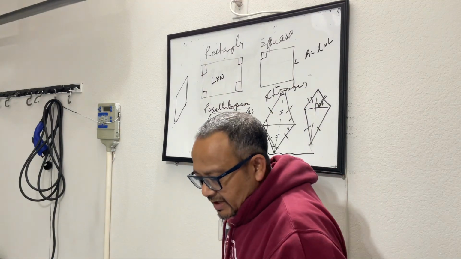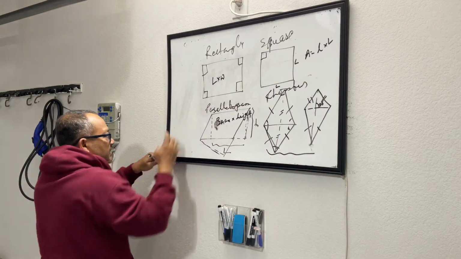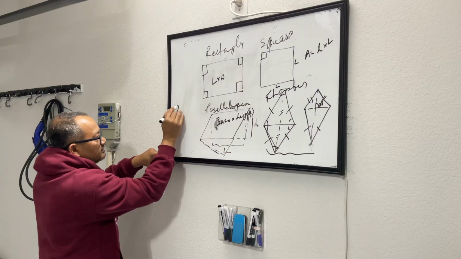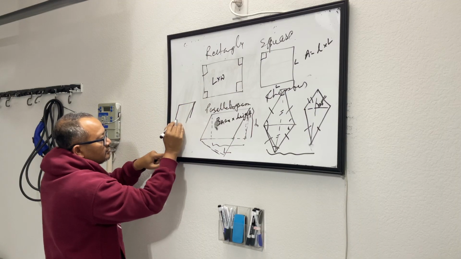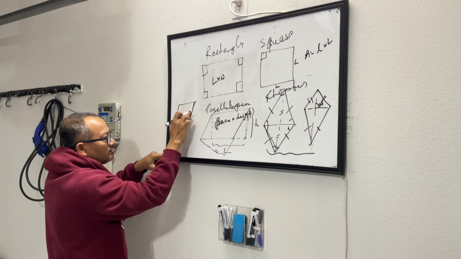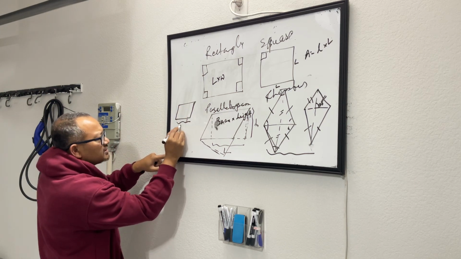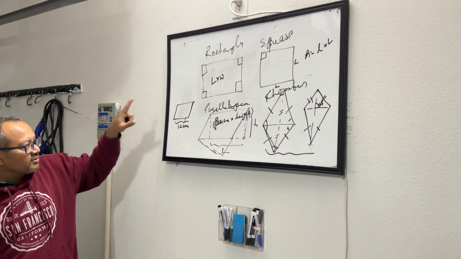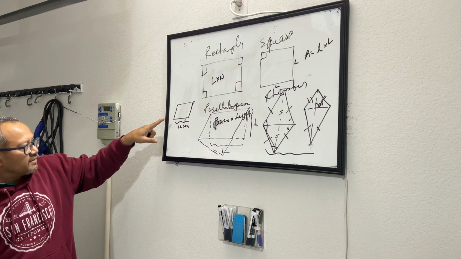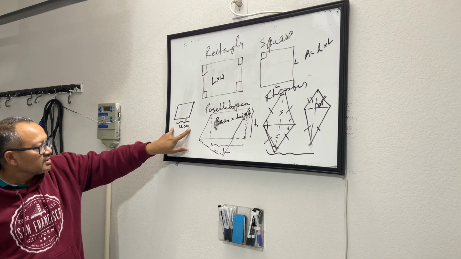Let's say you are given a picture like this and you have to find the area of the parallelogram, and you are given this length, let's say 12 centimeter. If this is the given, that means this is my base.